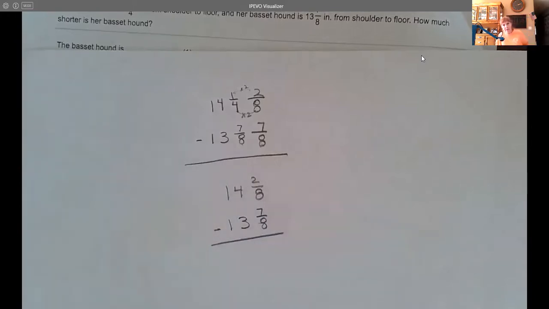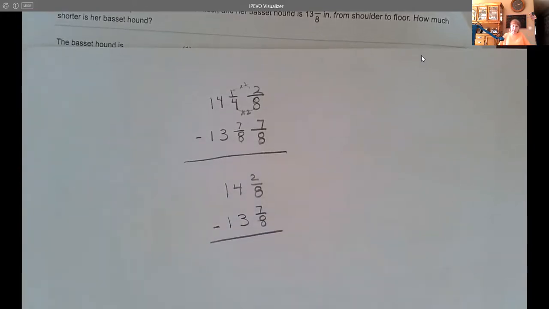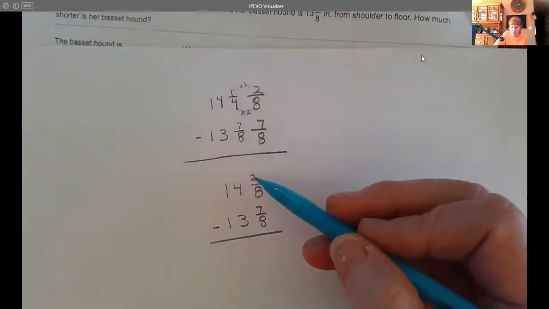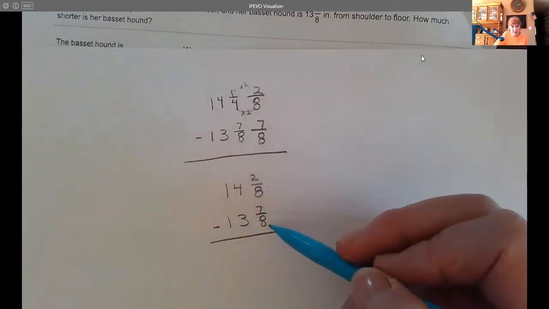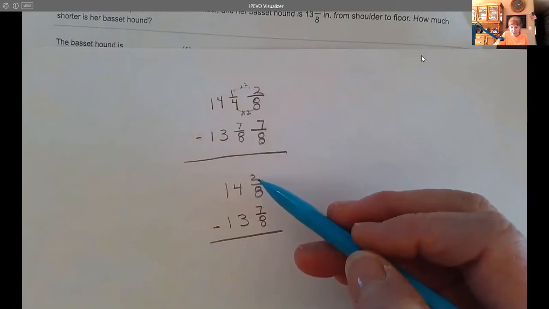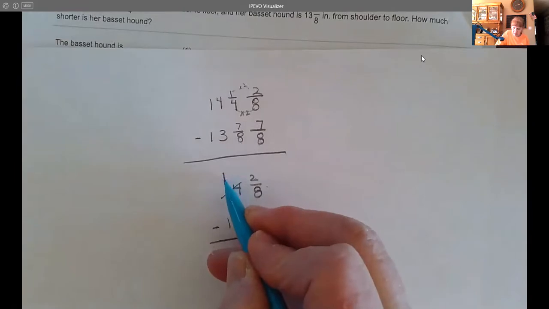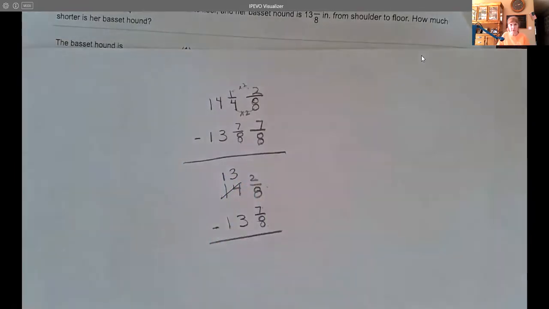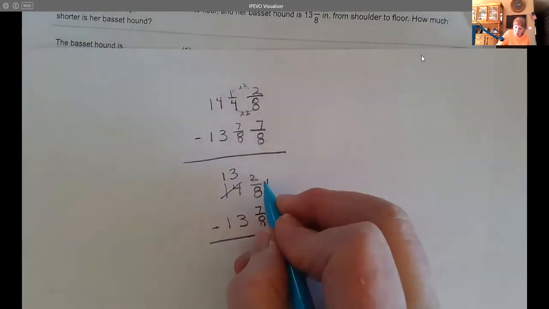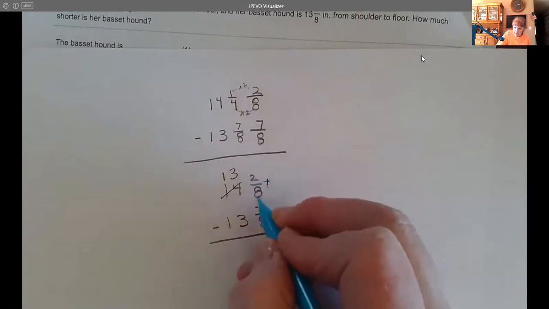Wow, it looks like on this one, in order to subtract these, I'm going to have to borrow because you cannot take 2 minus 7. They're both 8s, which is awesome, but you can't take 2 minus 7. So I'm going to borrow from the 14 and make it 13. So far, so good. And I'm going to add that 1 that I just borrowed to this fraction.